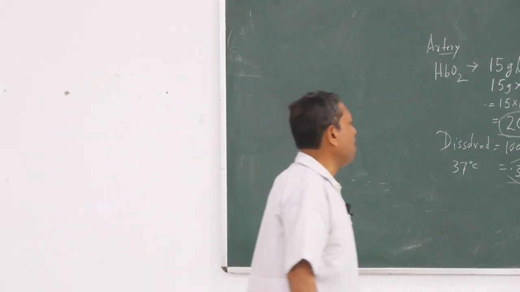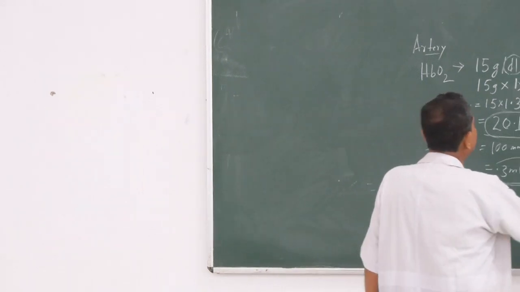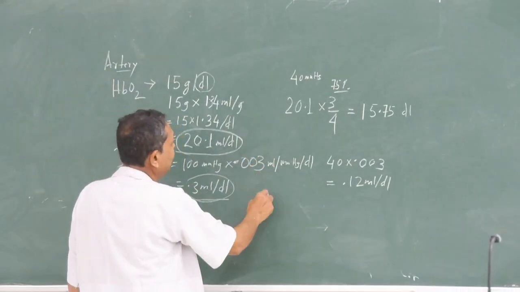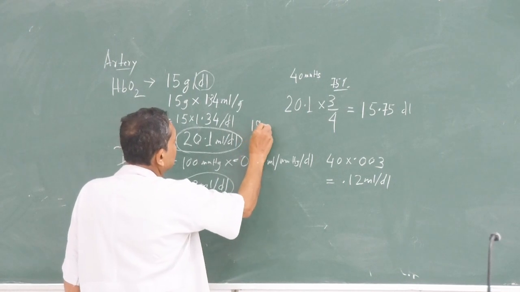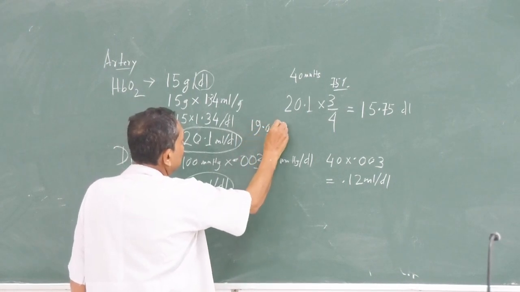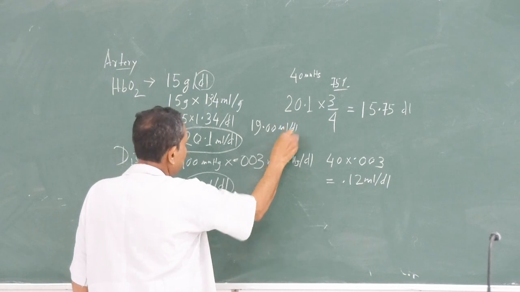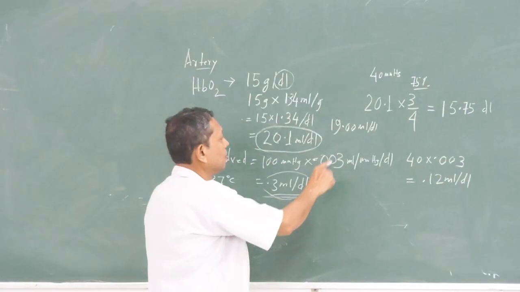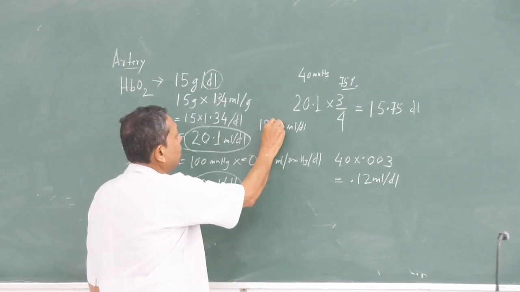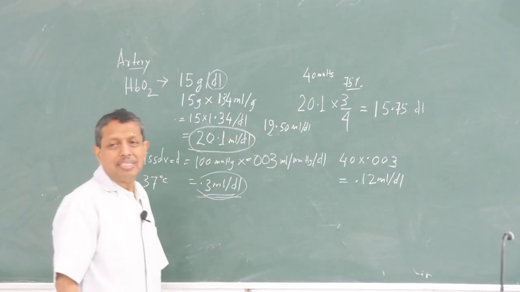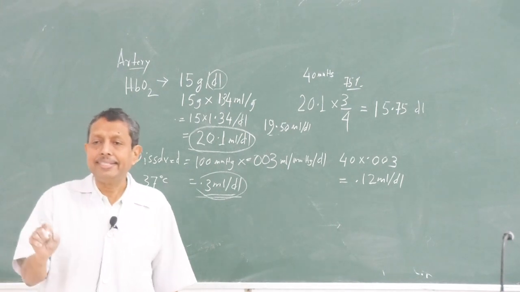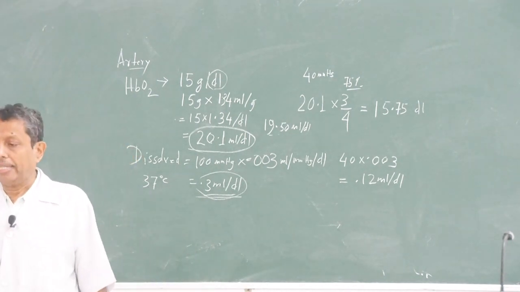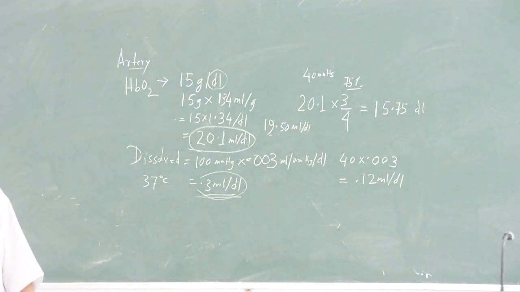So there is an average value that is taken. In case of arterial blood, it is 19.0 ml per deciliter, or 19.50, whatever it may be. Totally, we take 19 in the arterial sample and 15 in the mixed venous sample. It is easy to remember.